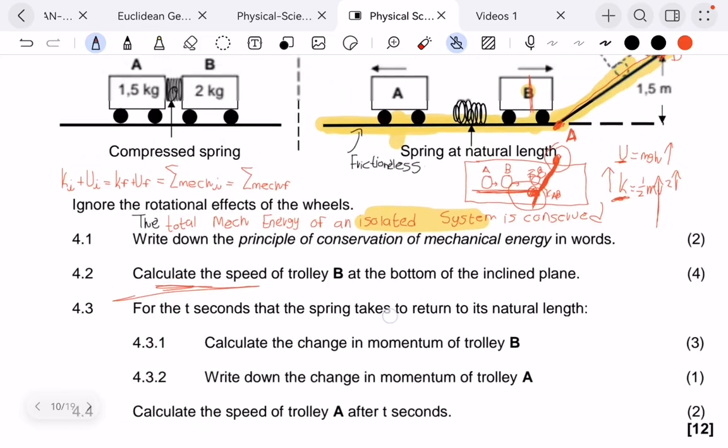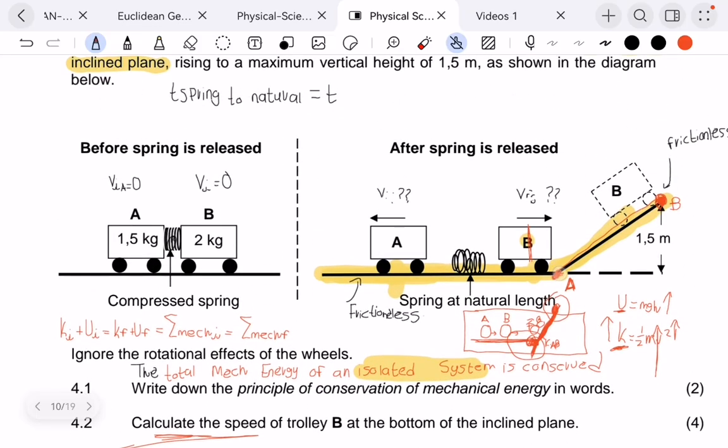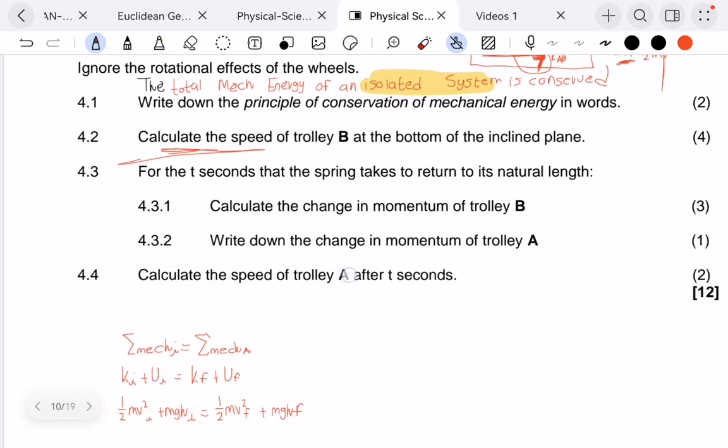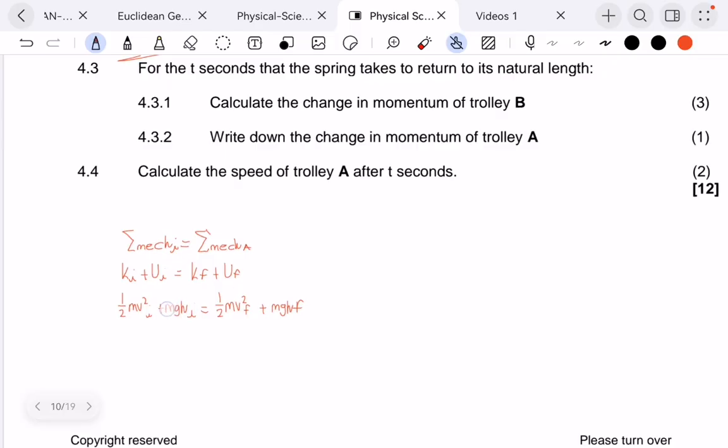But you know that at point A, since the height is 0, that means that our potential energy is 0, right? So we can say this is simply equal to 0, so we can erase this. Plus 0.